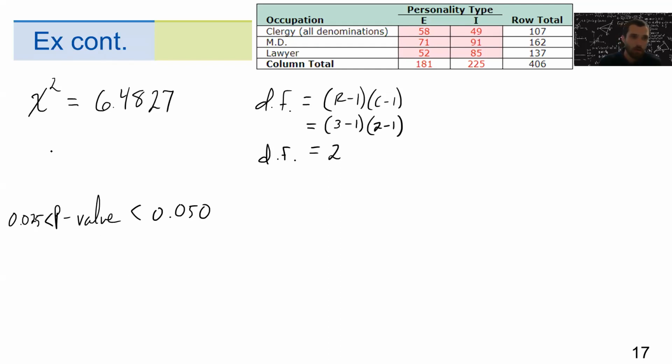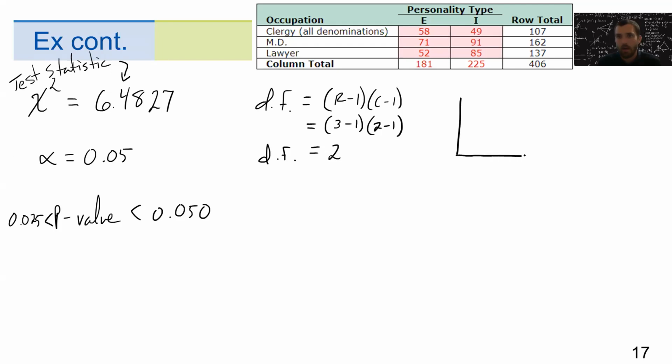Now I'm going to bring back what alpha was. Alpha was 0.05. So chi squared is 6.4827. That's my test statistic, so maybe I'll write that right here. My alpha is this. We got our p-value based on our test statistic and our degrees of freedom.